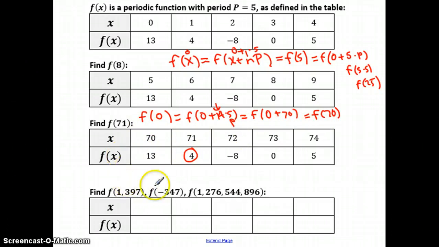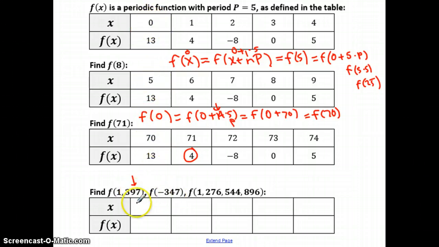So we can use that concept down here to look at some wacky number like 1,397. So what is the value of the function when x is 1,397? Well, in this case, the pattern is pretty clear. I'm either going to start my table with a last digit of 0 or 5. Here I have 0.